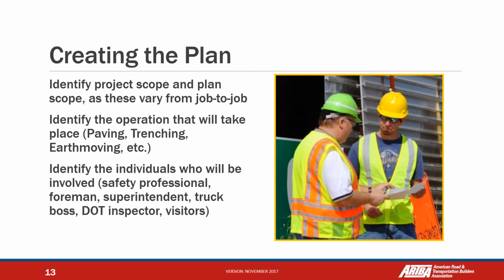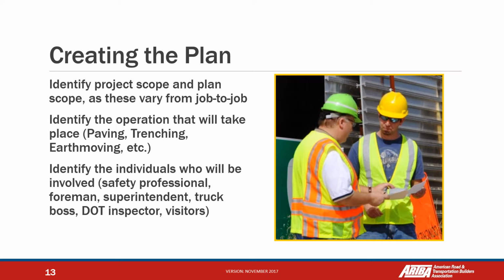Sometimes we are working on a hill, sometimes in an urban area, rural area, near a bridge. Everything changes. So we need to identify the scope of the activity that we are doing according to the circumstances. Identify the operation that will take place: paving, trenching, earth moving. What are we doing? So you can put this information also in the plan.